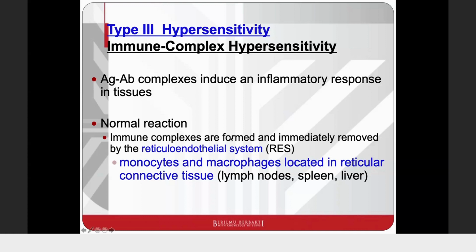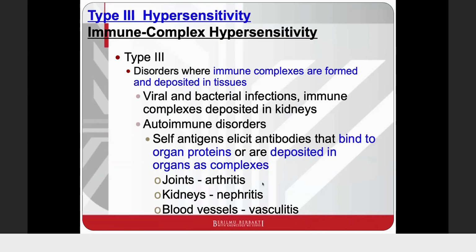So immune complexes are formed and removed by the reticuloendothelial system, the RES. For example, the monocytes and macrophages in the lymph node, spleen, and liver will remove these immune complexes. So the disorders happen where the immune complexes are formed and deposited in tissues. Usually you can see this in virus and bacterial infections.